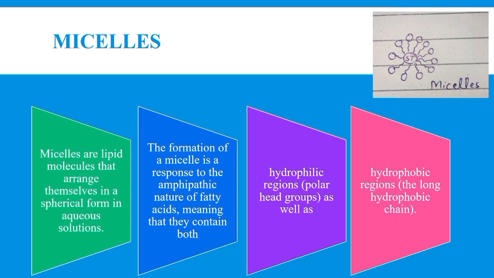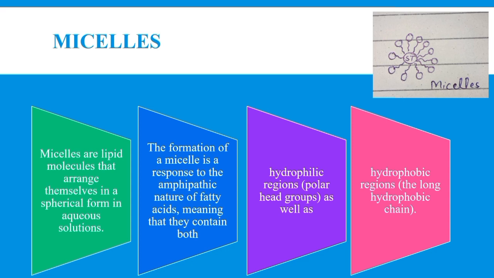This formation of micelles is because of the amphiphilic nature of fatty acids, meaning that they contain both a hydrophilic region, that is the polar head group, and a hydrophobic region, that is the long hydrophobic chain. When all the detergent molecules aggregate around the stain with their non-polar ends bonding with the stain, their polar heads face outward and cover the stain molecule.